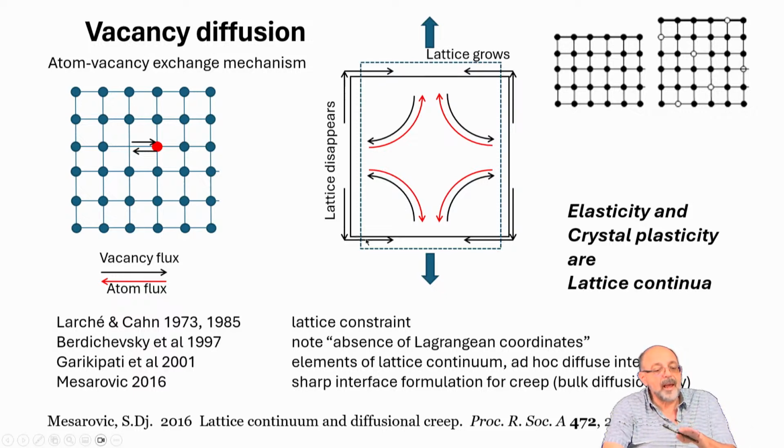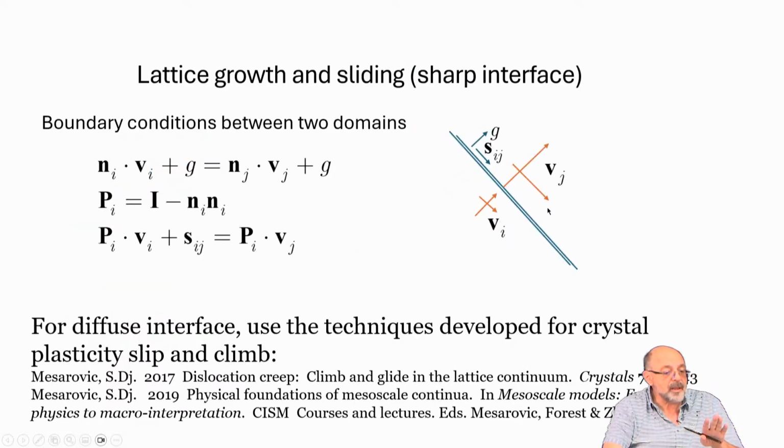So you have motion of the lattice, but then you have additional motion of the boundary with respect to the lattice. Lattice growth and lattice disappearance. And we talked about that. I'm just reminding you with this slide. So how are we going to represent that? Let's first think of a sharp interface model.